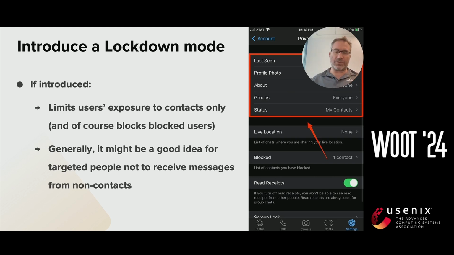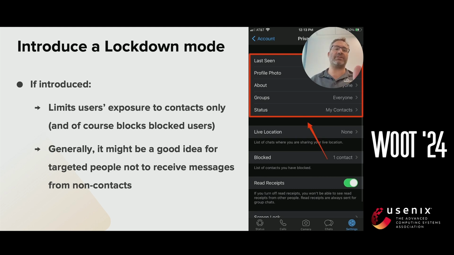One easy solution, which has many other security benefits, is to introduce a lockdown mode. With this lockdown mode, meant for highly targeted individuals, the user can limit their exposure to contacts only, just like you do in other fields.